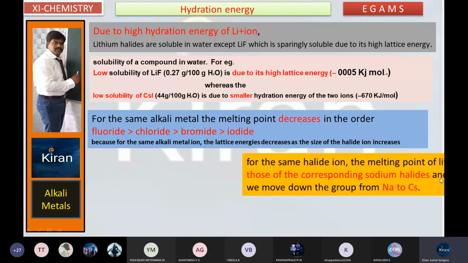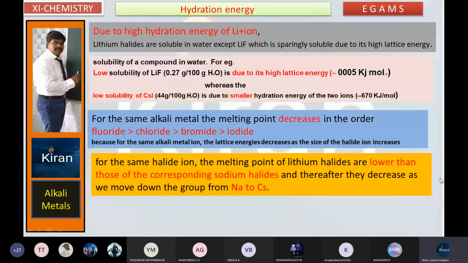For the same halide ion, the melting point of lithium halides is lower than that of the corresponding sodium halides. And thereafter, it decreases as we move down the group from sodium to cesium. See here, students. For example, lithium halide means lithium chloride, and here I am taking the other one, sodium chloride.